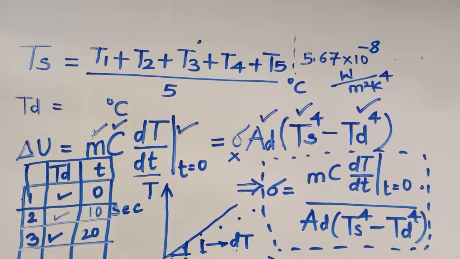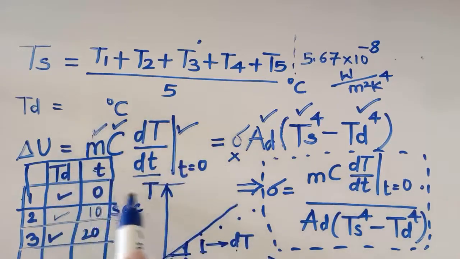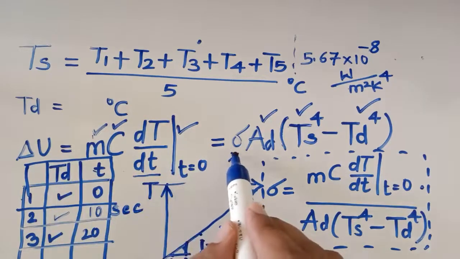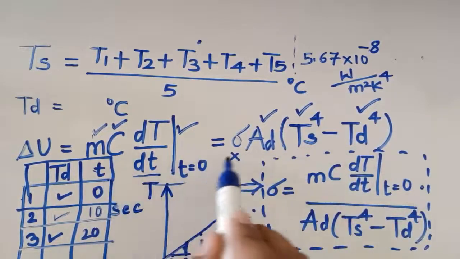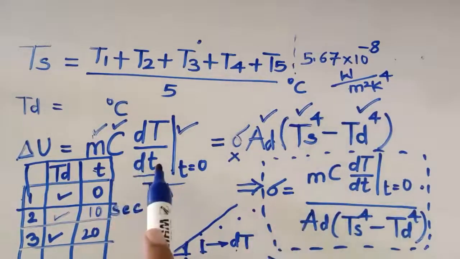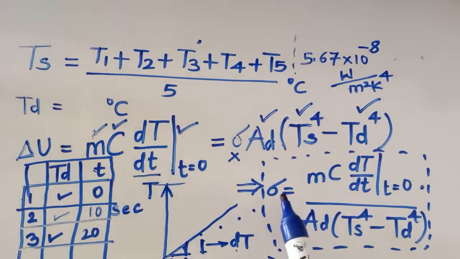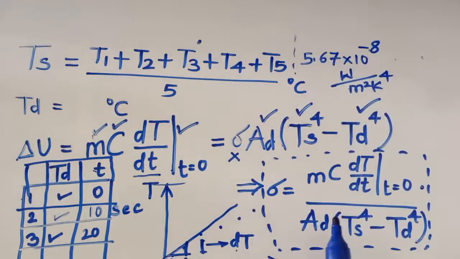That is one of the effects. The second effect is that the disk for which we have written this entire formula, we are assuming black body behavior over here, the black body heat transfer. Actual surfaces are not perfect black bodies, so that will affect the entire physics, and that's why the final answer that you will get for this sigma will not be equal to your theoretical answer. So there is nothing to worry about. Even if it is, let's say, higher than 3.5 into 10 raised to minus 8, it is still fine.